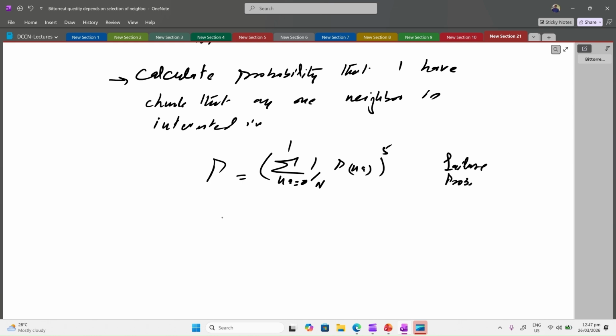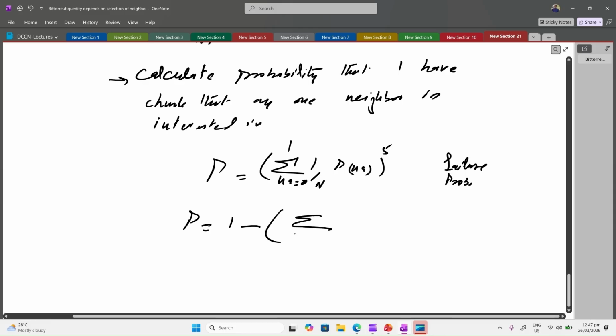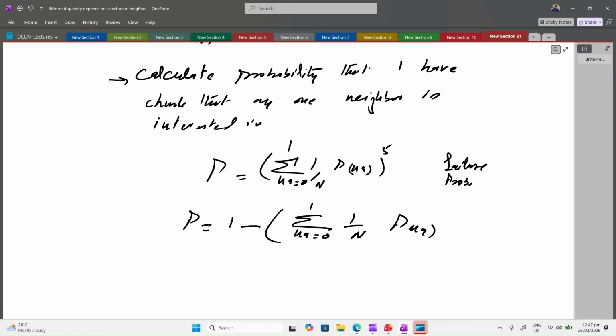The success probability can be calculated if I subtract this from the total probability, right? So this is n a equal to 0 to 1. Okay, so this is the success probability.